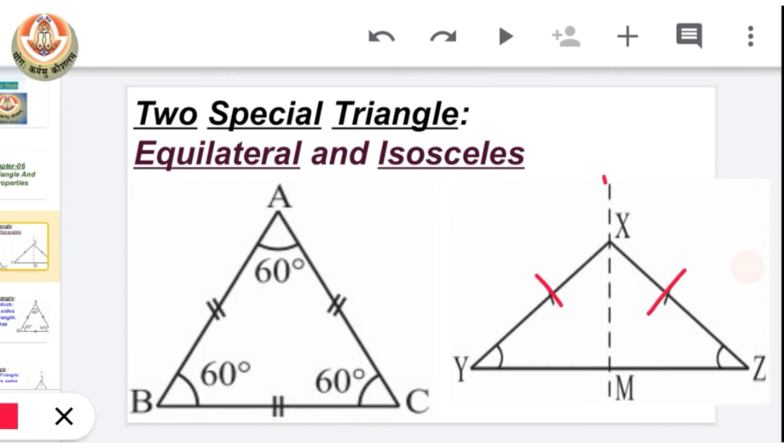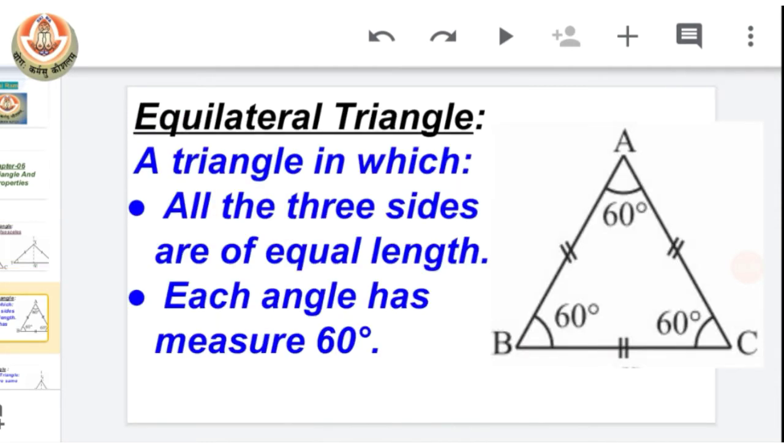And if we talk about the median, as in our previous class we discussed, in an isosceles triangle the median and altitude are the same. Yes, because it has two equal sides, so its median and altitude fall on the same line. So let's discuss the equilateral triangle and the isosceles triangle one by one.